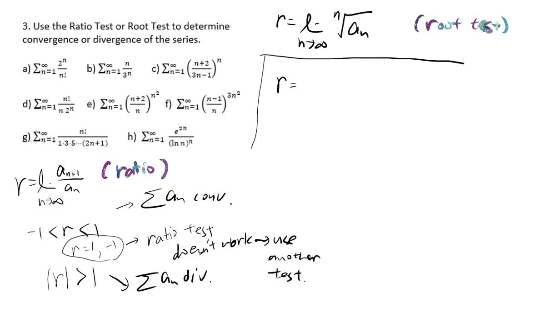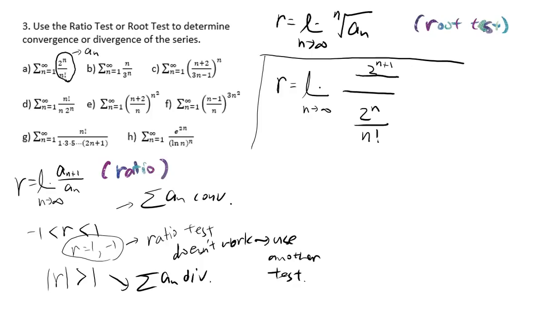R is equal to limit n going to infinity of a n plus 1. See, this one here is your a n. That goes in the denominator, 2 to the n over n factorial. And then you have to write something similar, but instead of n, you have to use n plus 1. So instead of 2 to the n, you write 2 to the n plus 1.